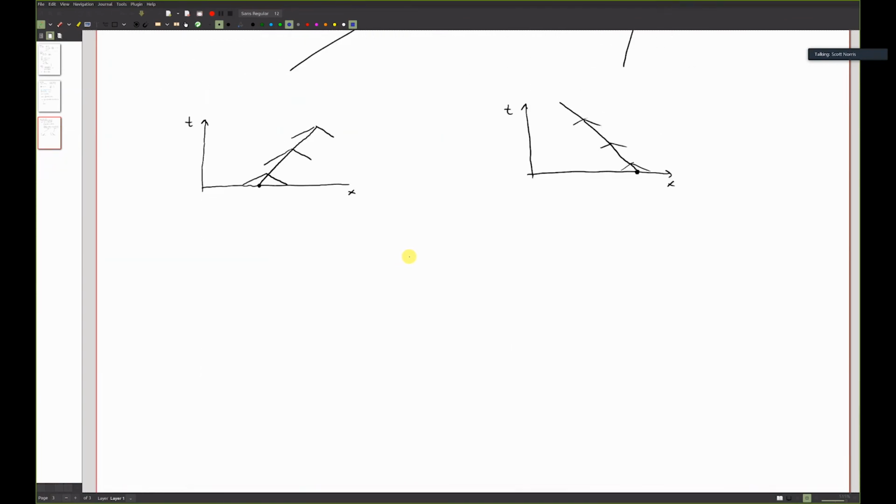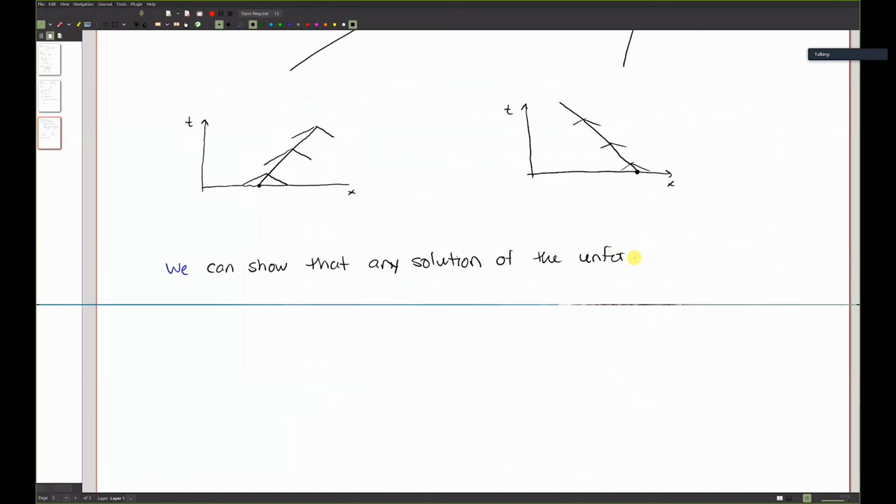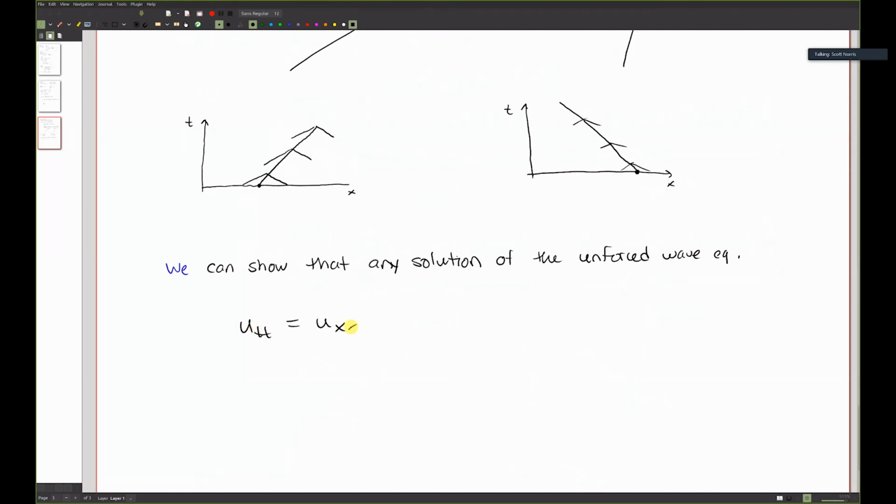There you can show that any solution of the unforced wave equation U_tt equals U_xx has this property.